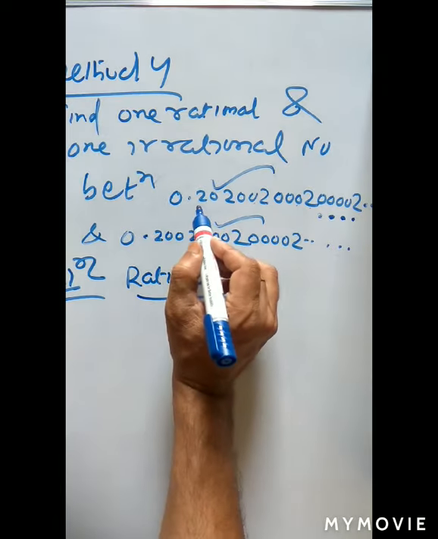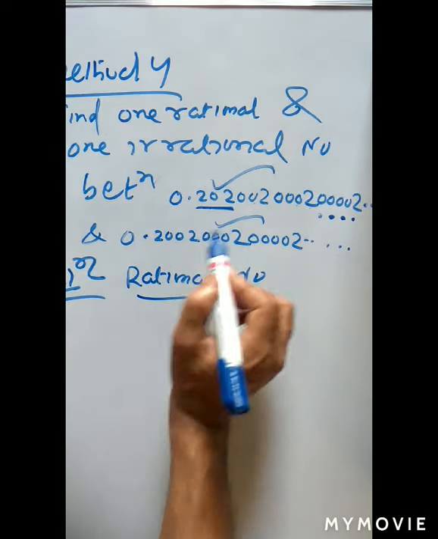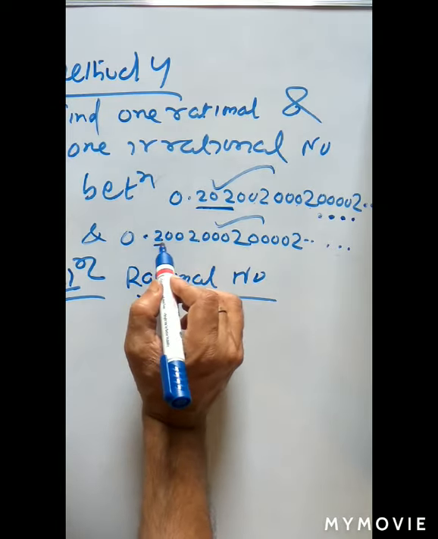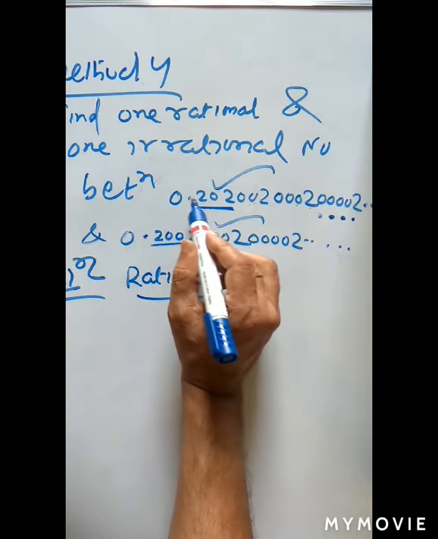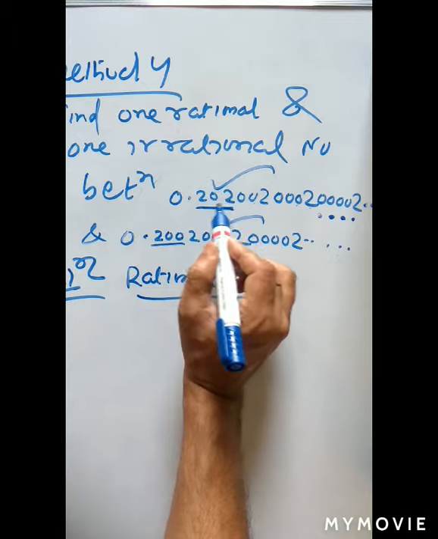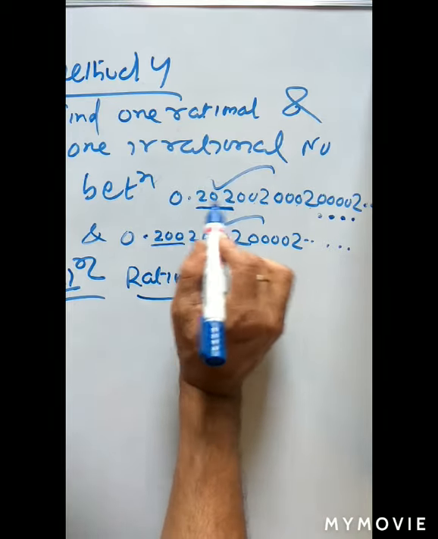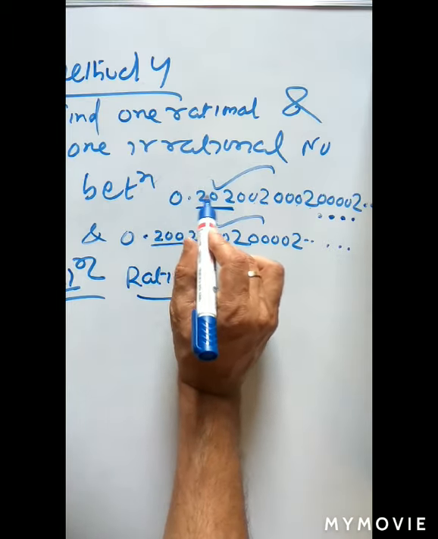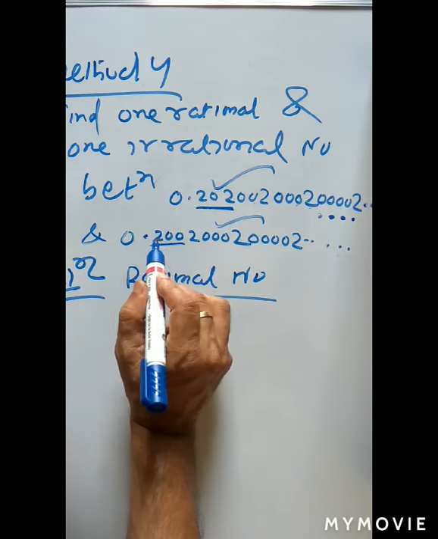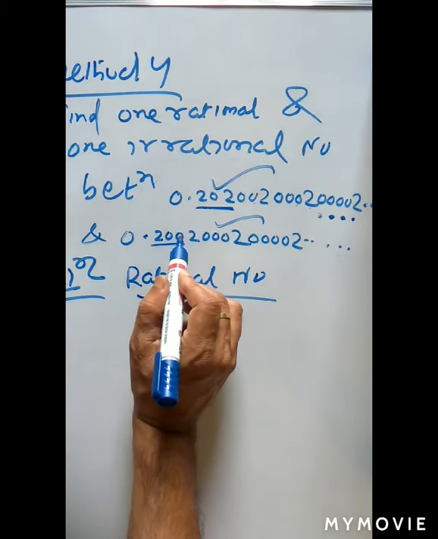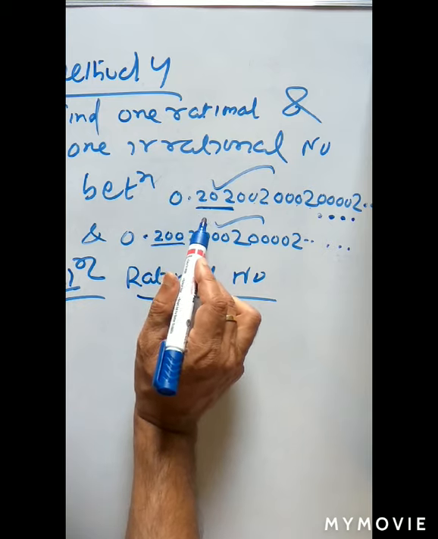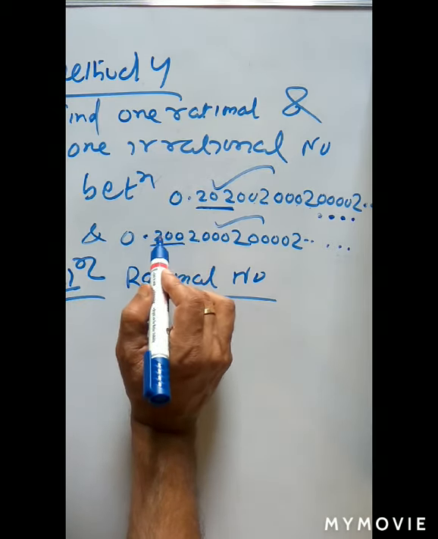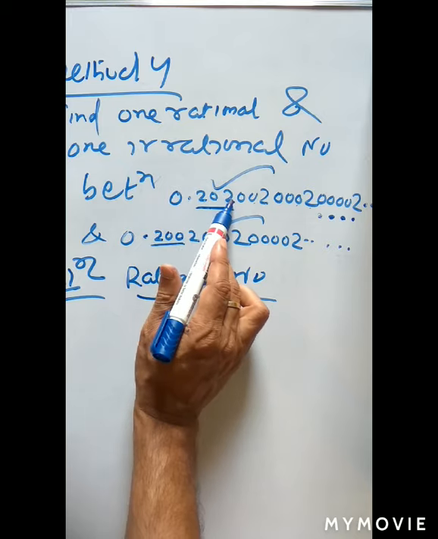You see here it is 0.202, and here it is 0.200. So we have to select one number which lies between 0.200 and 0.202.